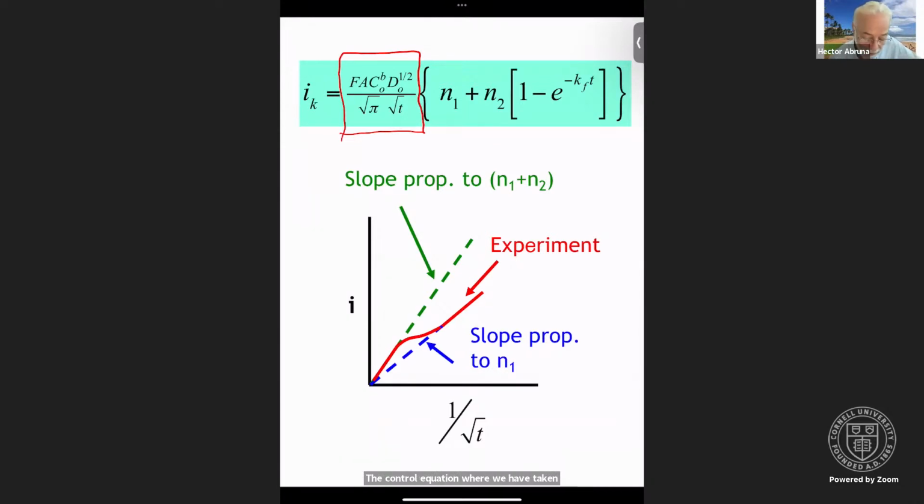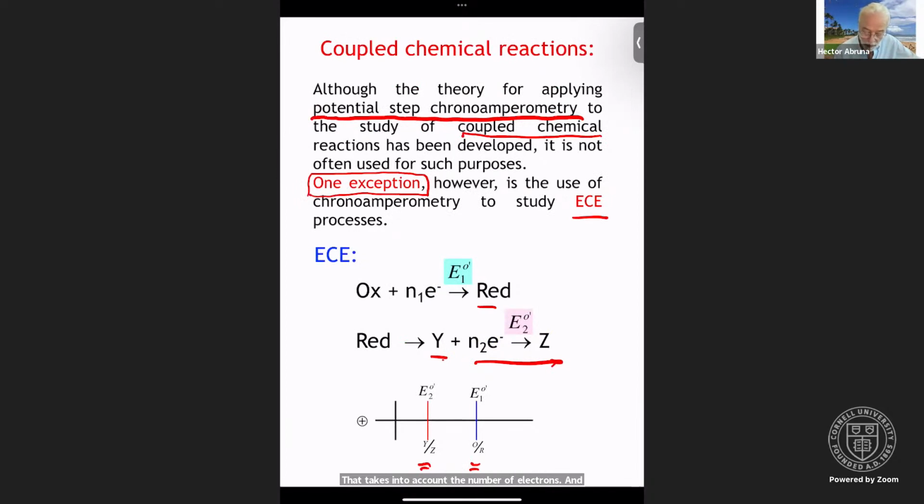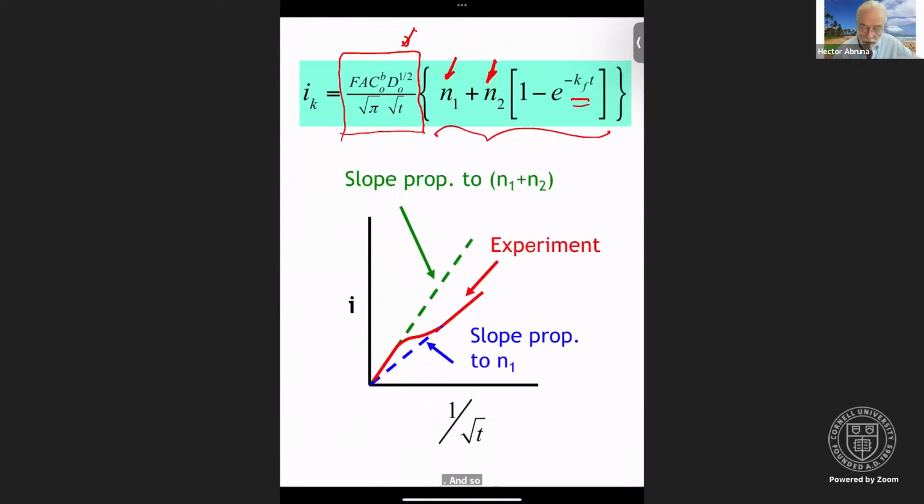So we have this Cottrell factor multiplied by this term that takes into account the number of electrons and basically the conversion, k_f t, basically the conversion of Y to Z. Right? Because here you have k forward. And so the rate at which Y is converted basically reflects this contribution.